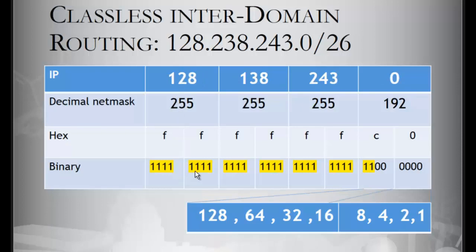Each group is 1 byte, which has 8 bits. In this case, the Class C network is going to be 128.238.243.